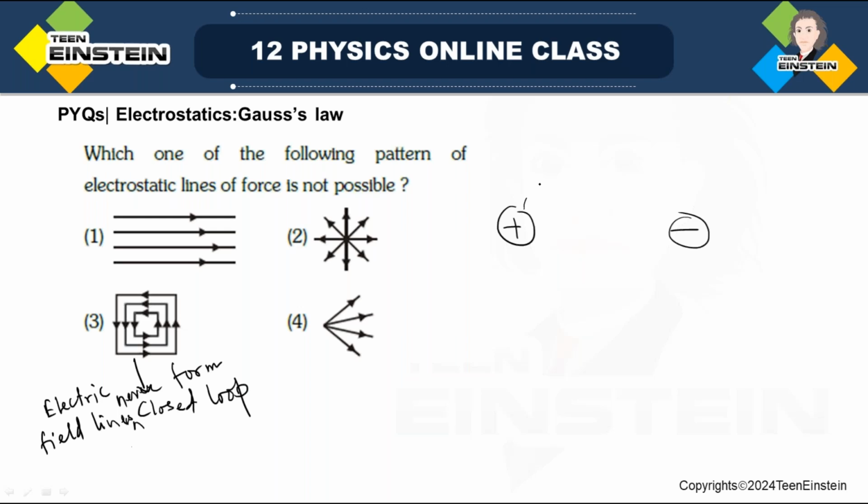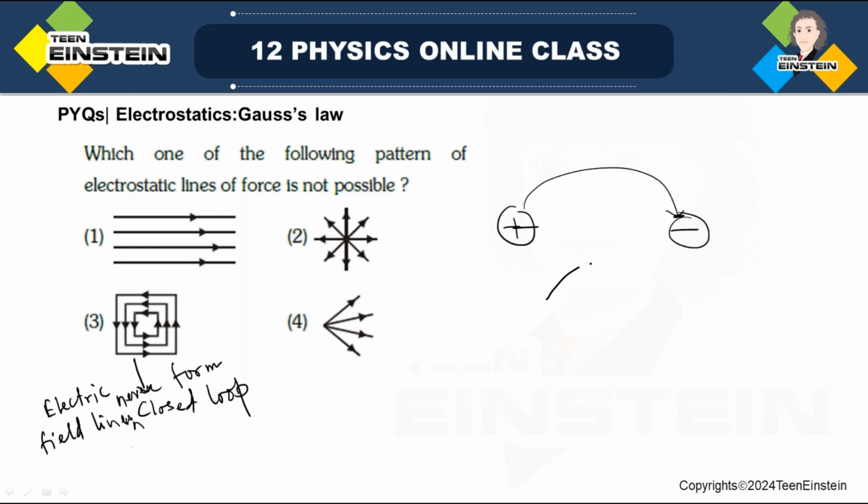Okay, so that means, see, electric field lines actually emerge from, I'm sorry, field lines are emanating from positive charges and they are just meeting or ending at the negative charges. See, it doesn't go like this. It goes and ends here. So if it does, then what happens?